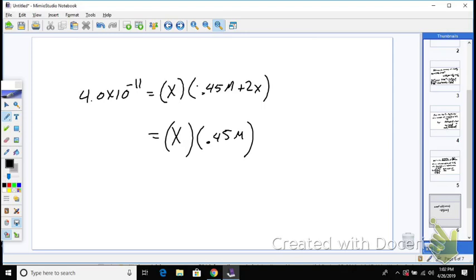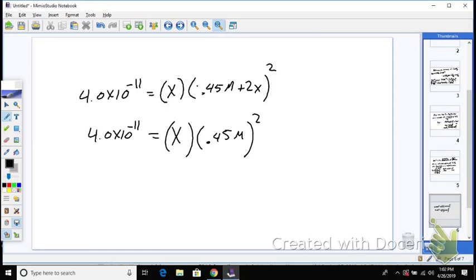And then that would be what? This should be squared, right? That's going to equal 4.0 times 10 to the minus 11. Okay? I don't know if I explained that the best, but all I can tell you is that the concentration of fluoride ions is really huge compared to the original solution if you didn't have that common ion in there.